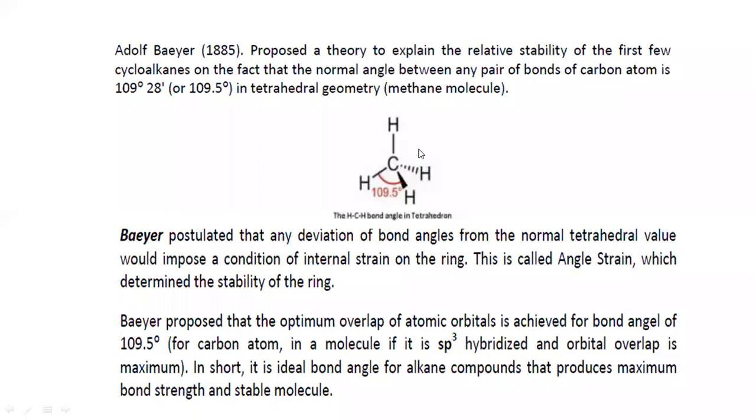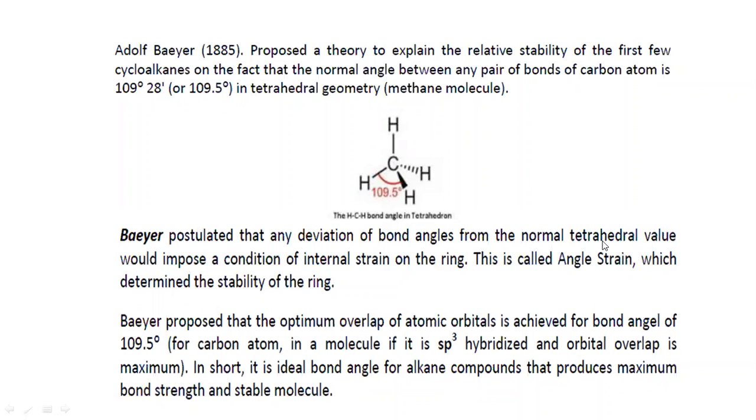We know this bond angle when the carbon atom is joined with other atoms in a tetrahedral geometry. Bayer postulates that any deviation from this bond angle, which bond angle?